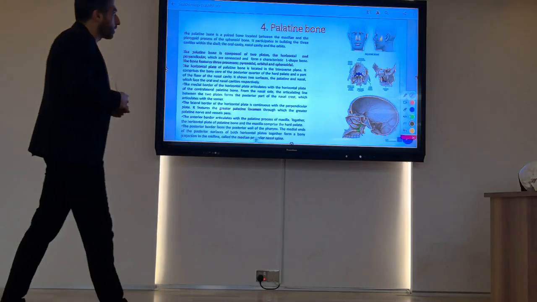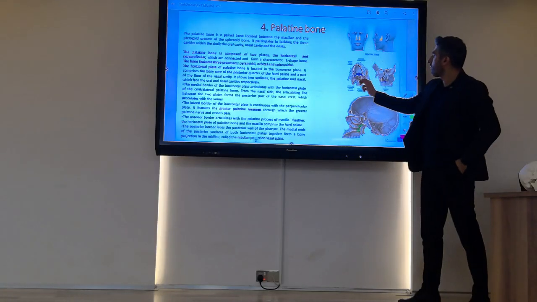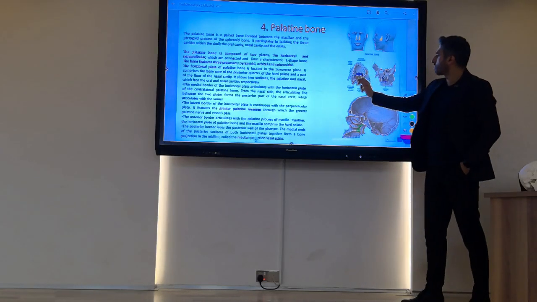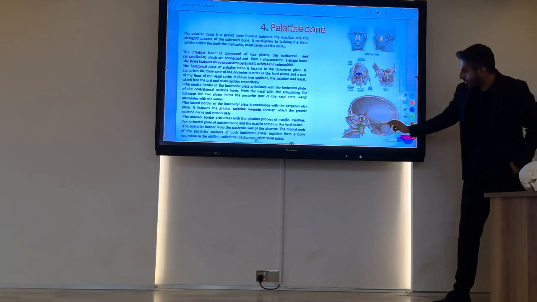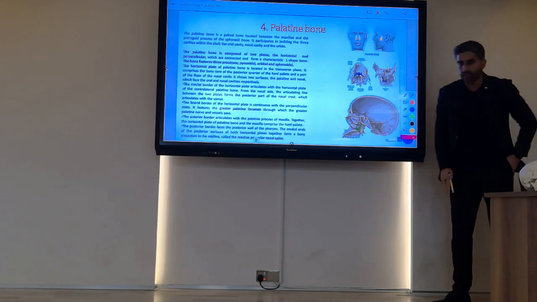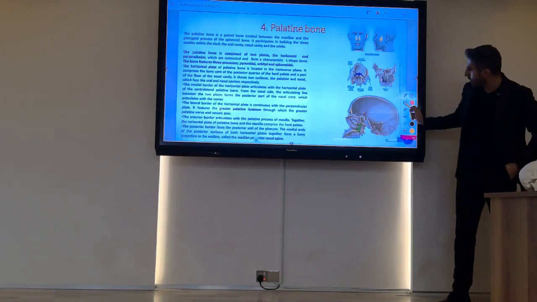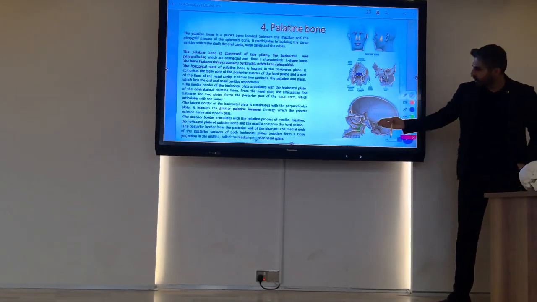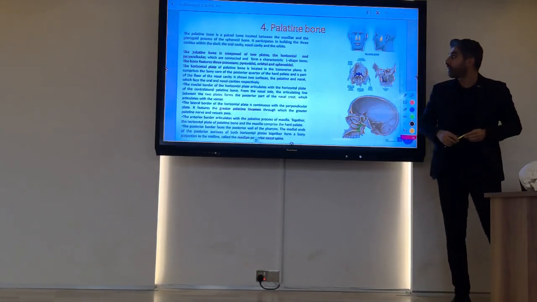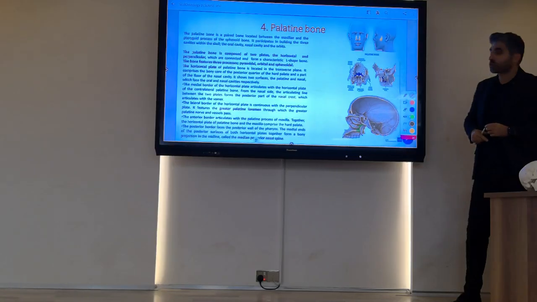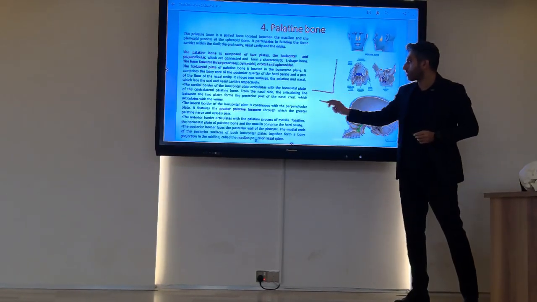You can see the hard palate, and the posterior side of the hard palate, we have palatine bone. And you can see the vertical part again here in the lateral side of the nose, immediately anterior to the pterygoid process, so they are in the lateral wall of the nose. Palatine bone has two plates, one vertical, one horizontal, and it's a pair.